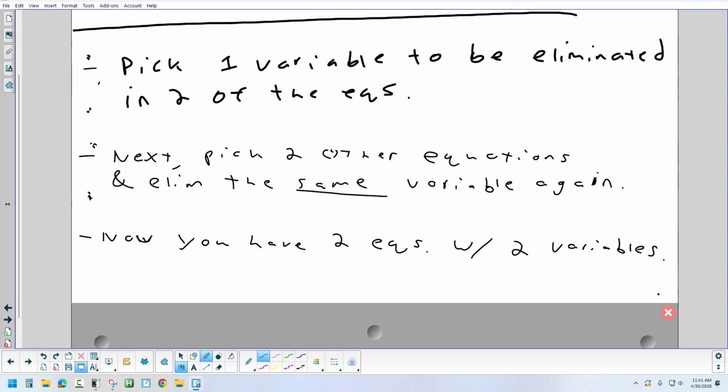Well, how do we solve an equation with 2 letters? That's what we just did. So now once you have that, solve for the 2 letters. And once you solve for those 2 letters, you'll be able to plug them back in and get the 3rd letter. Okay, so let's just try it.